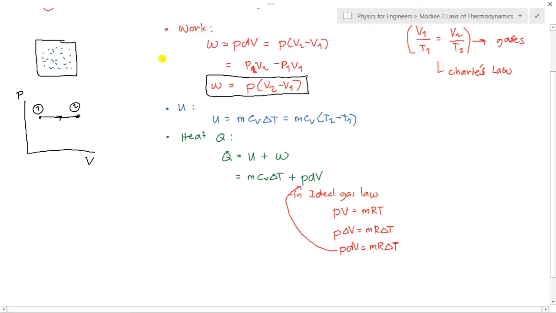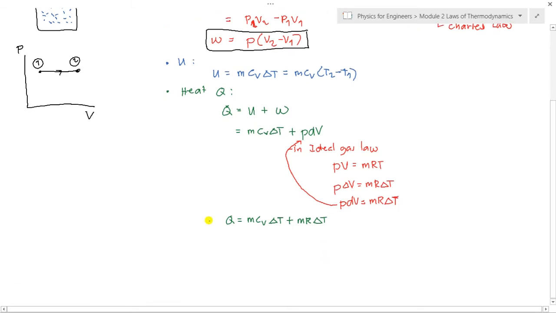Our Q now becomes mCv delta T plus mR delta T. The common variables are m delta T, multiplied by Cv plus R.